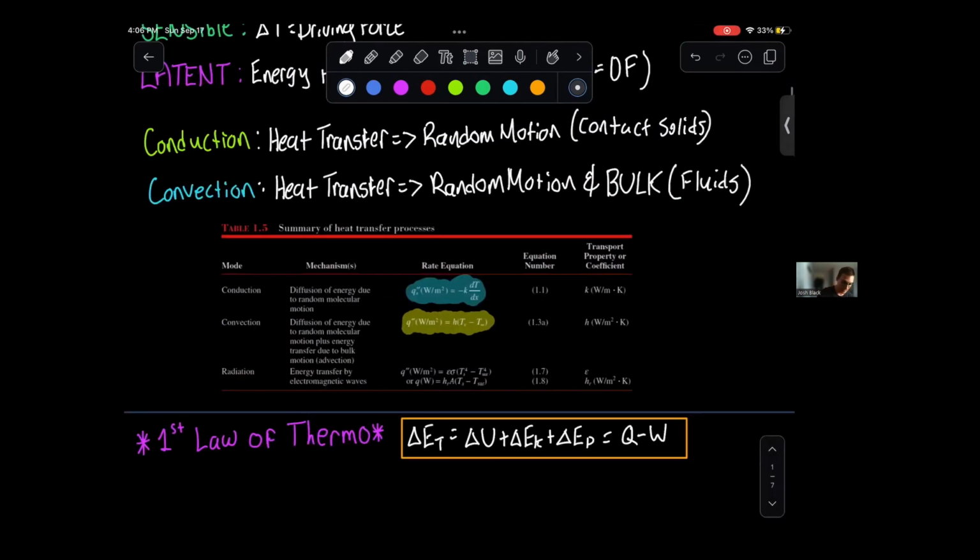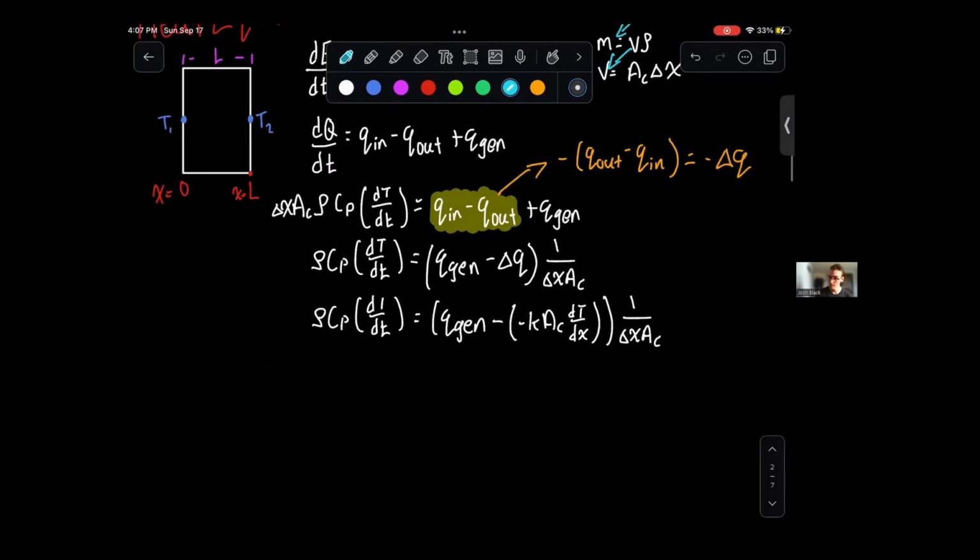We saw that equation. That is the conduction flux. We want Q, the heat rate. We know that Q double prime, the flux, is negative k dT dx. This has units watts per meter squared. We want watts. What are we going to do? We're going to multiply by Ac. Beautiful.